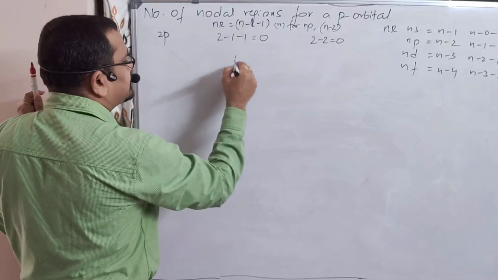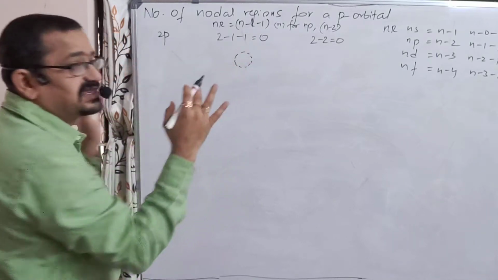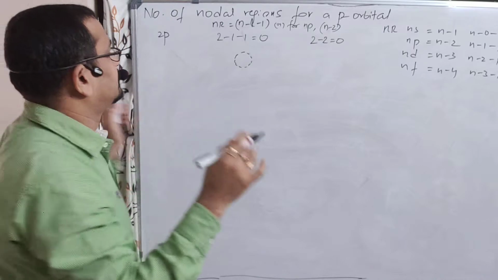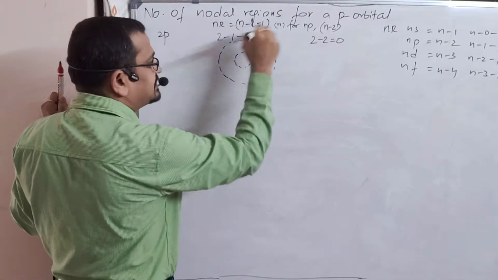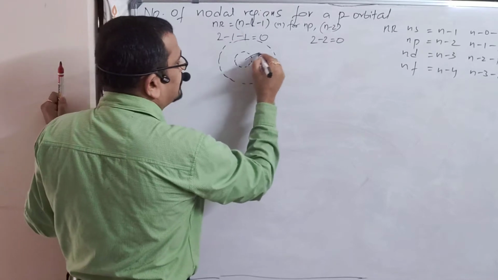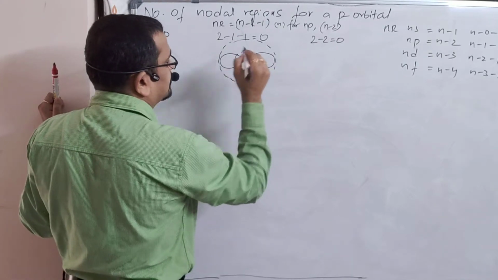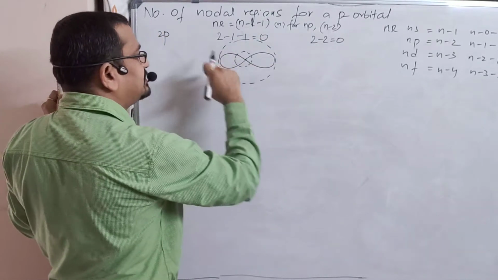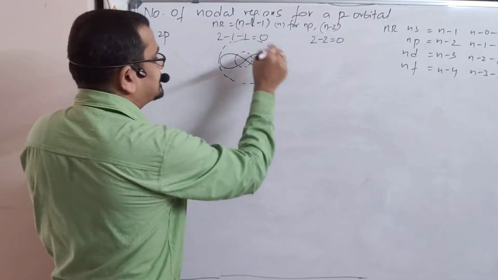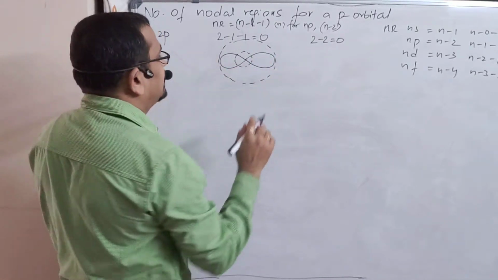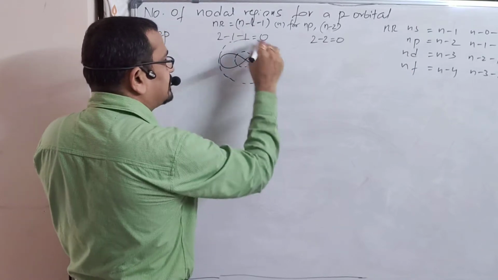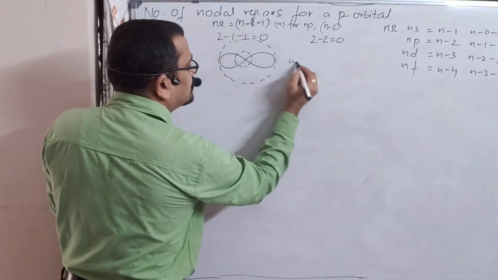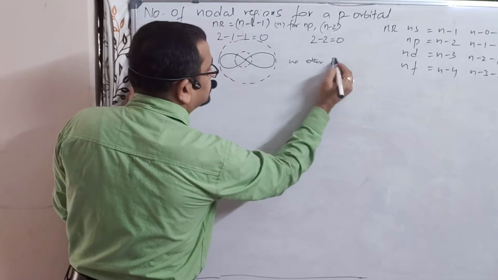This region is the first orbit region, which has only the spherical s orbital. The second region has s and p. Suppose this is the s orbital, and we have one more orbital, that is the p orbital, in this way. I am drawing this in a double dumbbell shape. It doesn't mean that the electron is orienting in this way. This is a p orbital. Within this boundary diagram, there is no other p orbital.